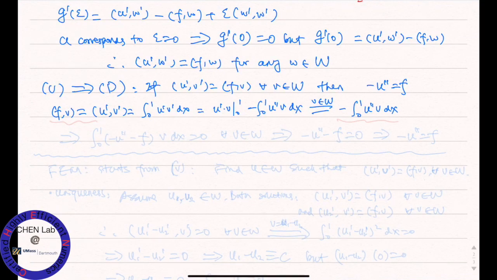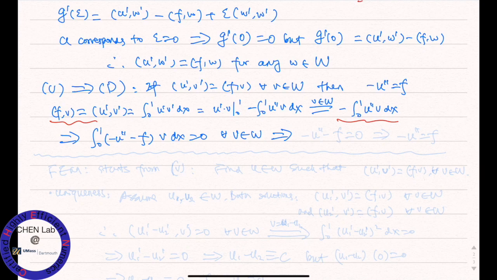So if you look at the starting and the end expressions and put them together, we know that the integral from 0 to 1 of negative u double prime minus f, this whole thing times v dx, equals 0. This is true for any v in W. A little bit of finer analysis, which we're not doing here, means that since that's true for any v, you can take v to be something very close to negative u double prime minus f.